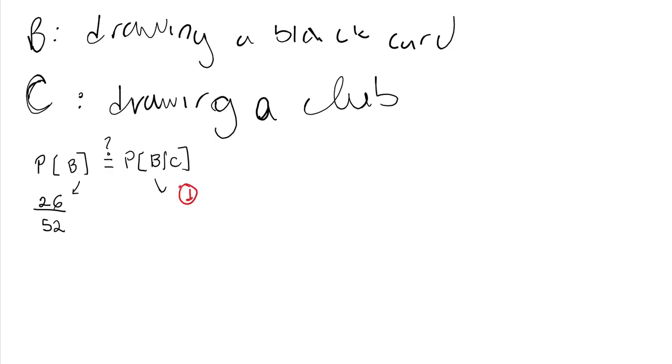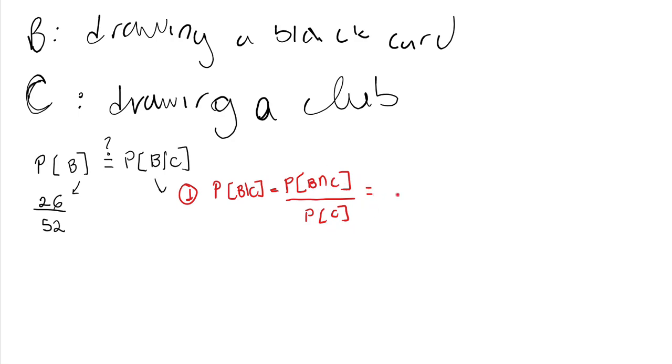Let's do it again. Using the formula, it's P(B given C), meaning that, again, the formula, both have to happen, but I have a correction term, which is the probability of what happens first. The probability of having a black card and clubs, right?